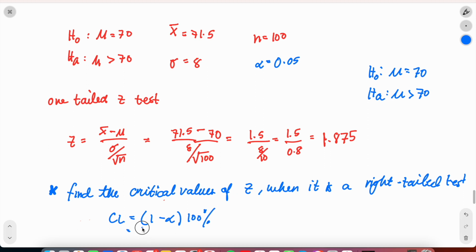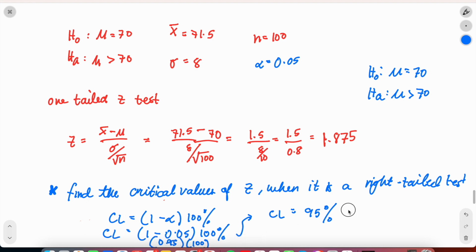And therefore 1 minus 0.05 times 100% is the CL. And then we have CL is what? 95%. This is 0.95 times 100, right? So our CL is 95% or 0.95.